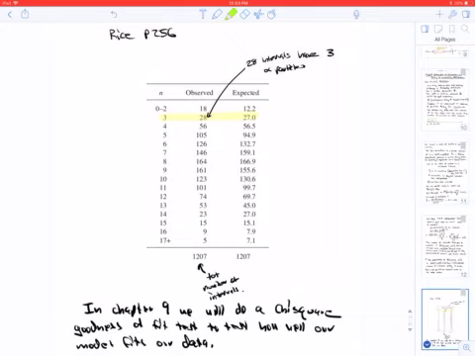So, for example, 28 out of 1,207 10-second intervals have 3 hits. You can ask yourself then, how many would you expect if the model is correct? And that's a calculation that we're about to do.